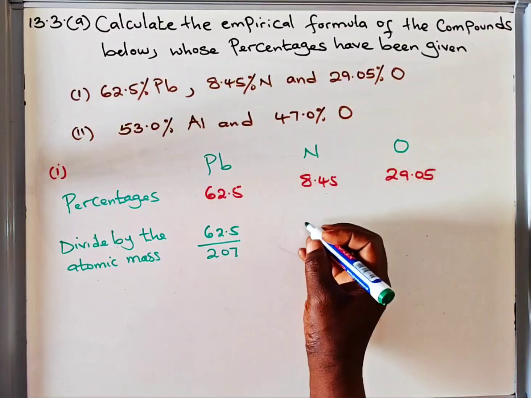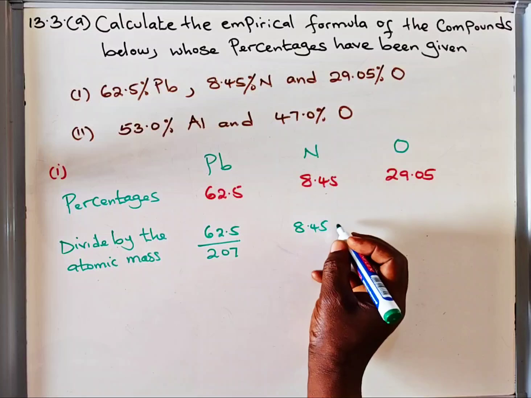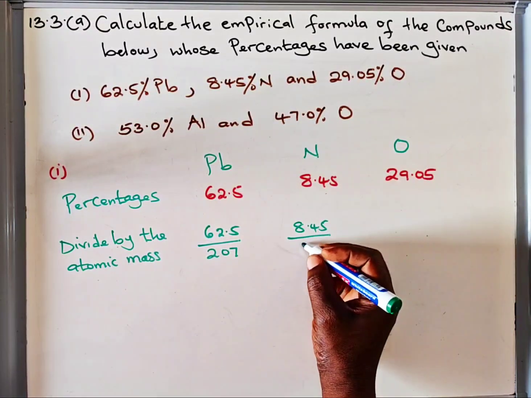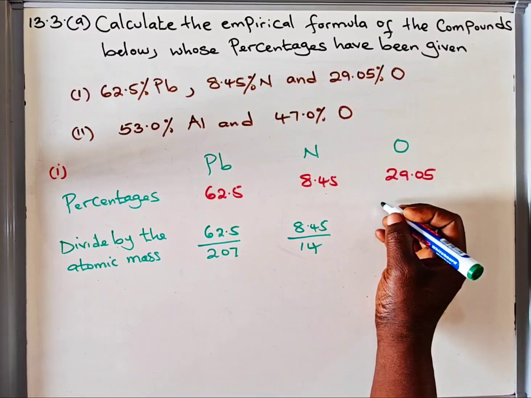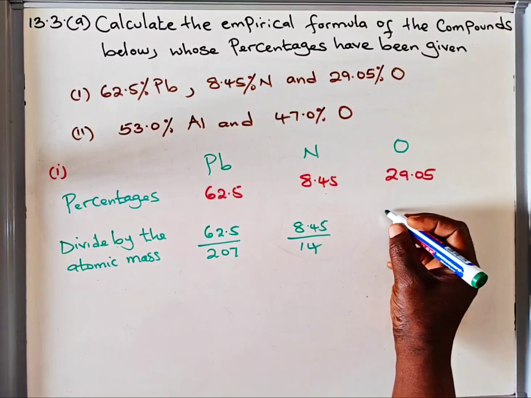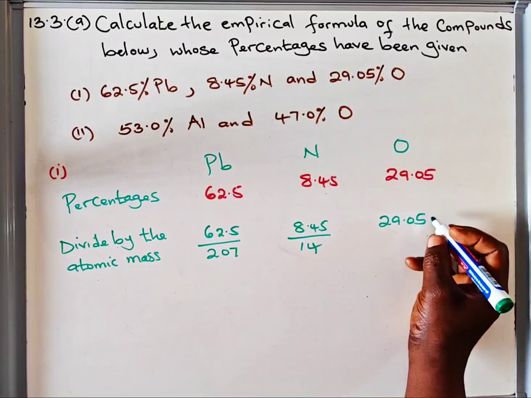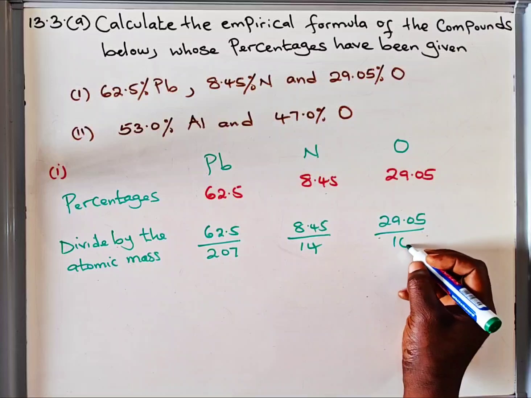Then for nitrogen, whose percentage is 8.45, you divide it by its atomic mass, which is 14. For oxygen, which is 29.05, you divide it with its atomic mass, which is 16.